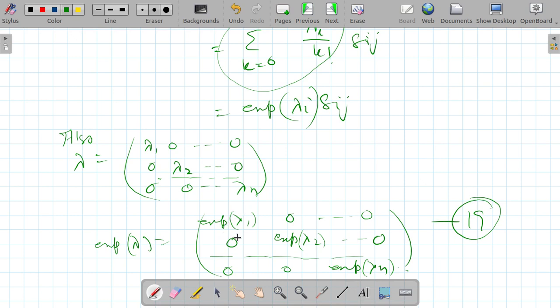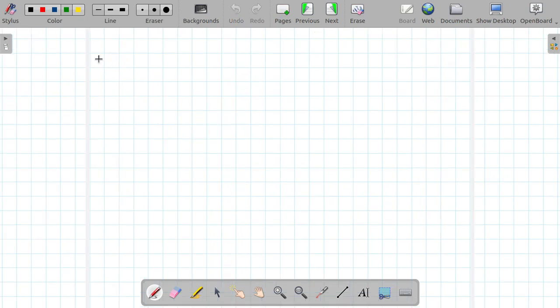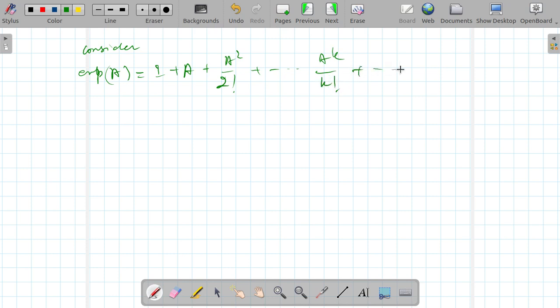Now consider the series: exponential of A is equal to I plus A plus A square by 2 factorial and so on, A raised to k by k factorial and so on. Let S be a matrix which is used to convert A into a diagonal matrix.